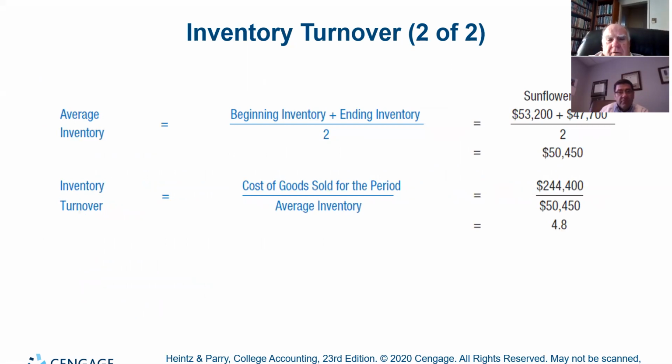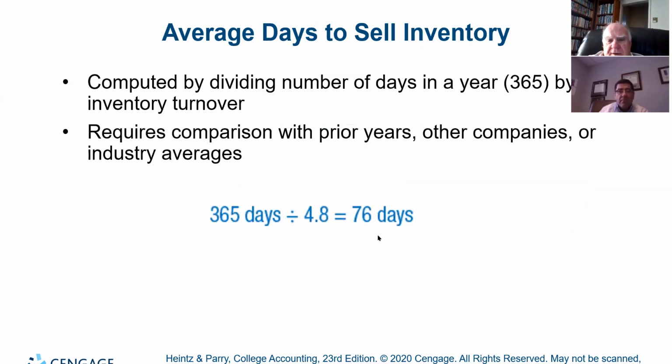So let's take a peek here. The cost of goods sold for the period divided by the average inventory, again, beginning and ending inventory at December 31. We divide these numbers out, we get a turnover of 4.8. And again, turnovers are difficult to use conversationally, so we're going to turn it into days, 76 days.